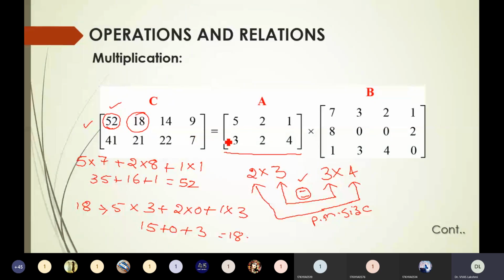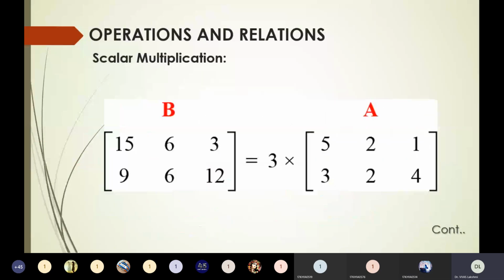What are the elements in A and what are the elements in B? Then calculate. Did you note it down? Yes, ma'am.